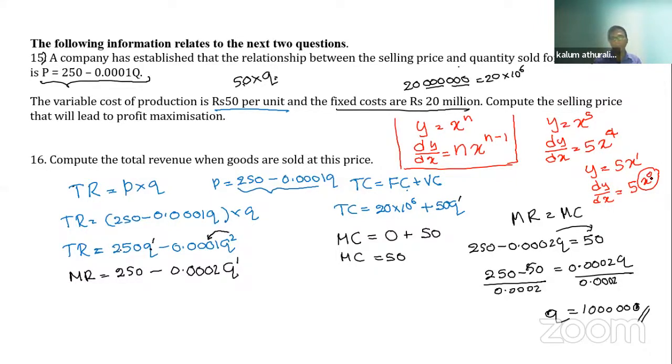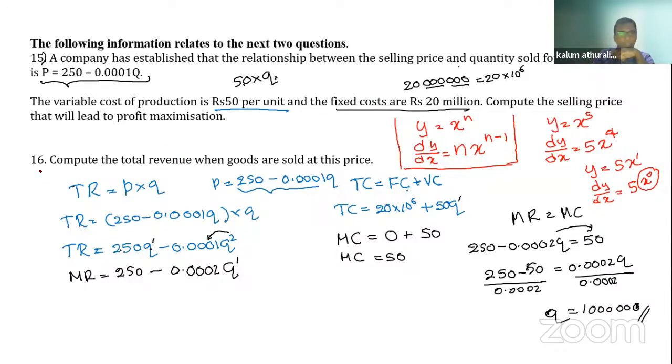Then 5 times 1 is 5. Understood? Are there any questions?